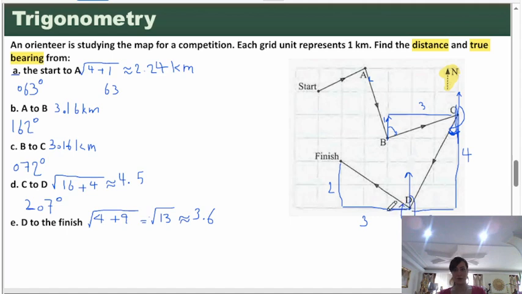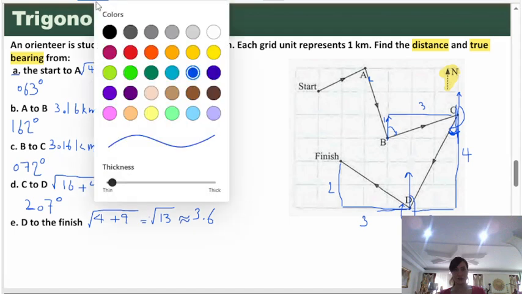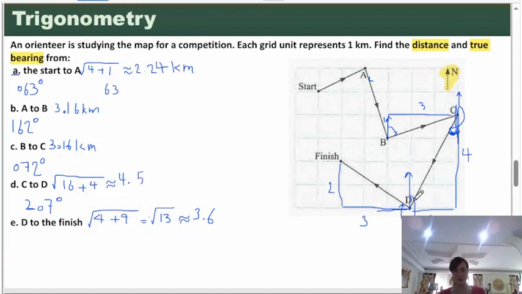So from D until here, which I show with a red color, is 270 degrees. So I find this angle here, and then I will say this angle plus 270 gives me my bearing.